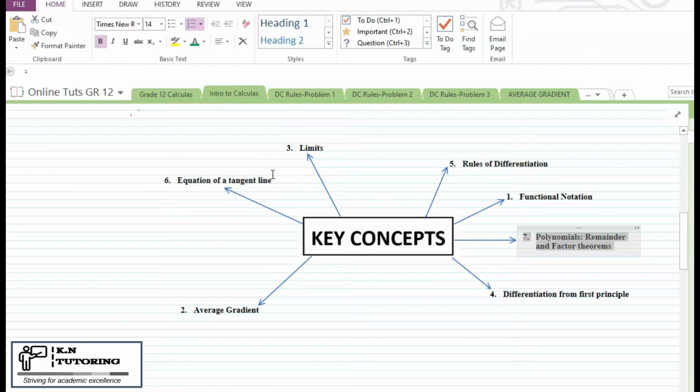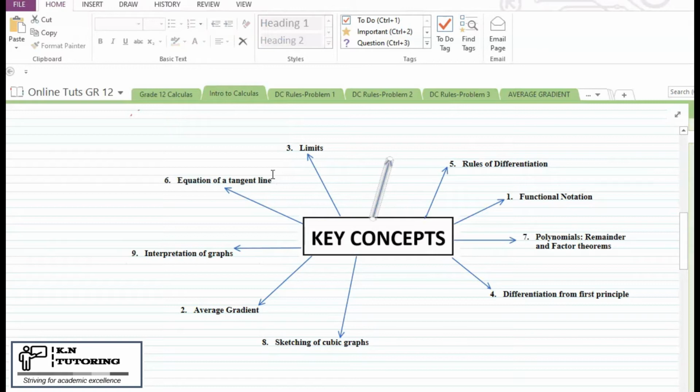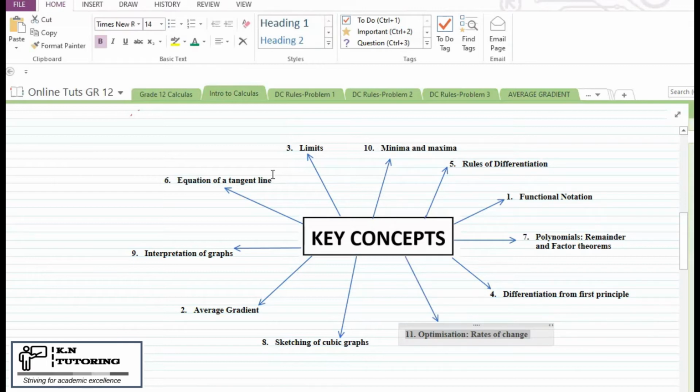We will look at the remainder and factor theorems, which I believe are the new theorems that you've never seen before. 8, we will look at sketching of cubic graphs. 9, interpretation of graphs. 10, we will look at minima and maxima. Lastly, we will look at optimization, which is rates of change.